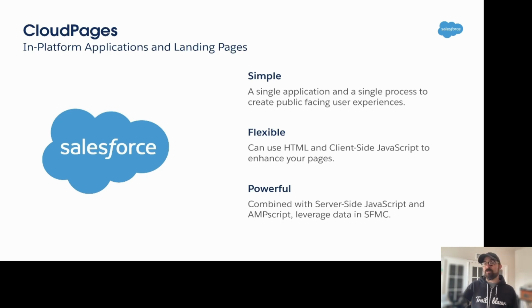You can do preference centers, things like that. They're very flexible in that you can use HTML and client-side JavaScript to enhance your pages. What makes them very powerful is that you can combine all of that with server-side JavaScript and AMP to leverage your data from directly within Salesforce Marketing Cloud.